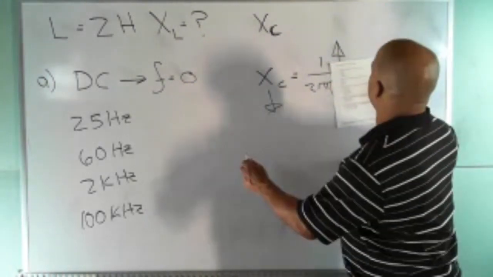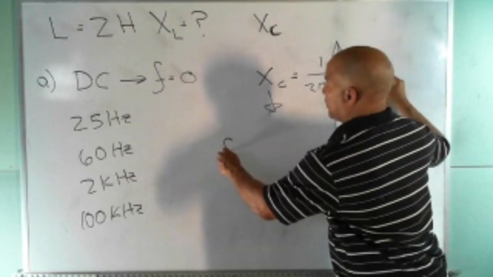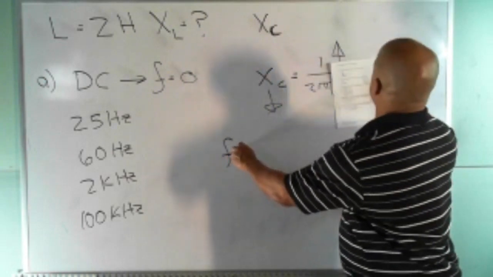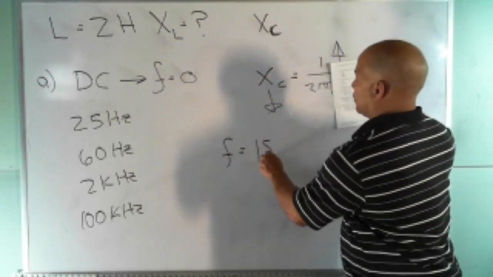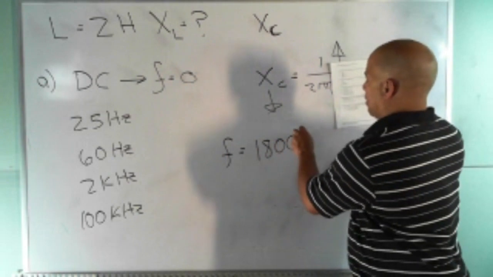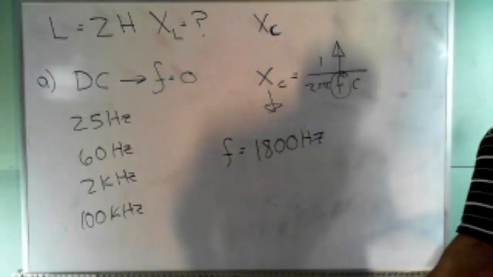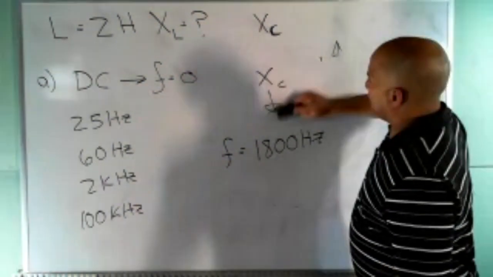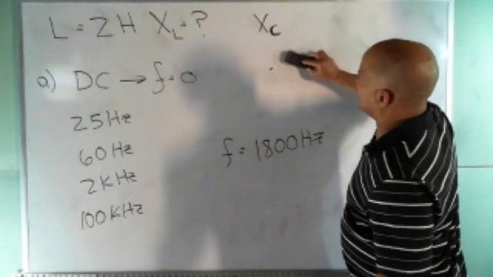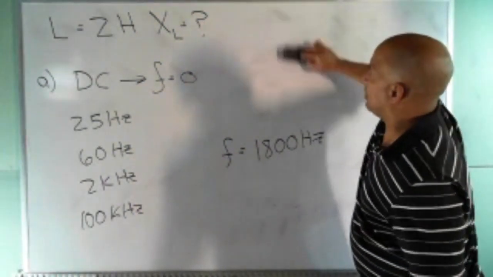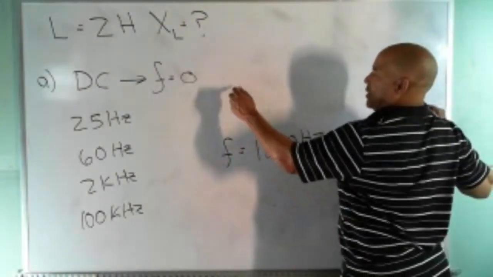Yeah, so let's do a C. So we have a frequency of 1800 hertz. And we want to figure out XC. So let's put that into this equation. And you'll notice that it's a lot smaller than infinity, which is the other one we did.